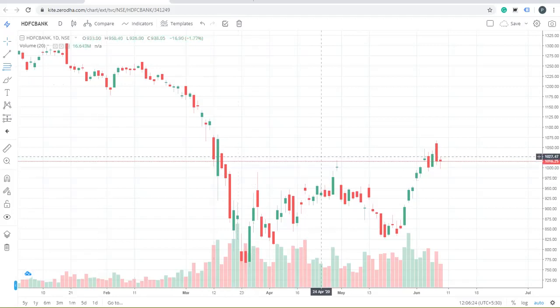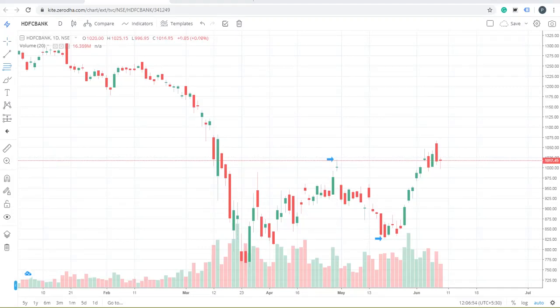So we will select this tool. This is a swing high. This is a swing low. It has reversed from here, and now you want to know how far this stock of HDFC Bank can move up, where it can reverse, where it will have the resistance.